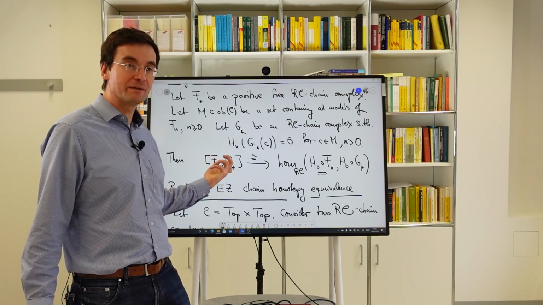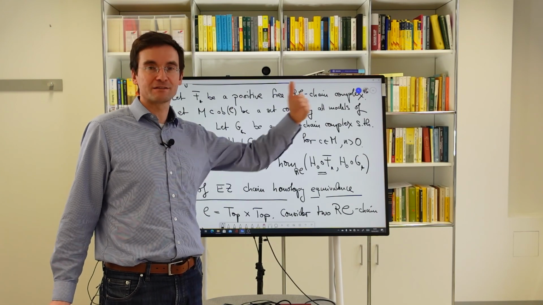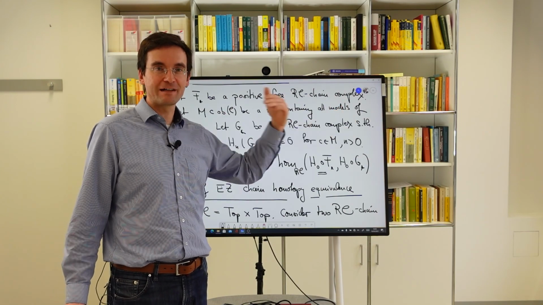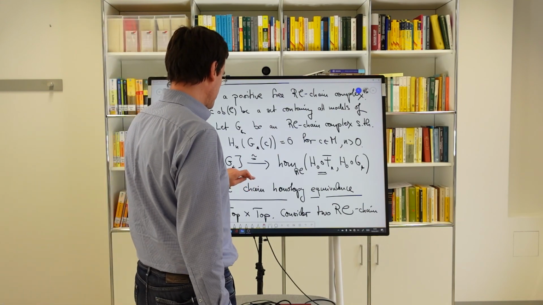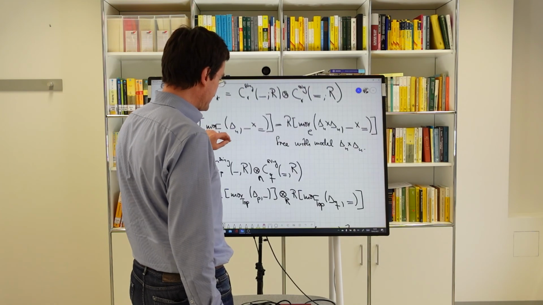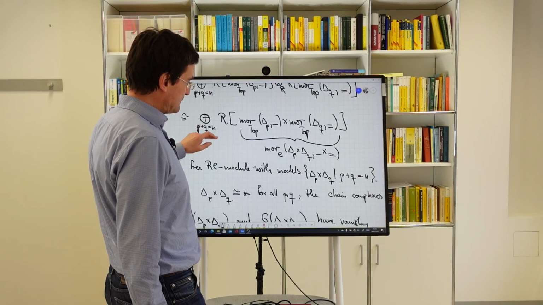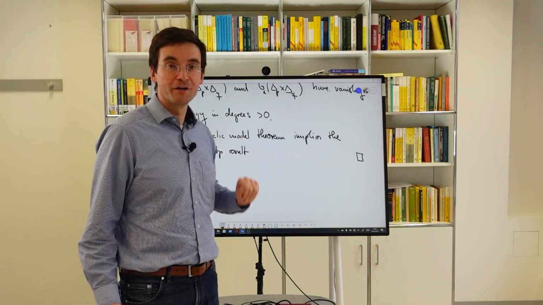The naturality is built in because we are talking about RC modules, so these are functors from C to R modules. So the naturality is built into that statement. And it's a direct consequence. And that proves the Eilenberg-Zilber statement with a lot of machinery, but with almost no computation.